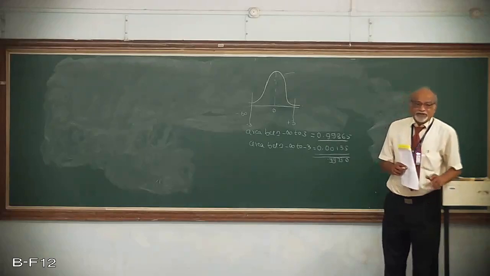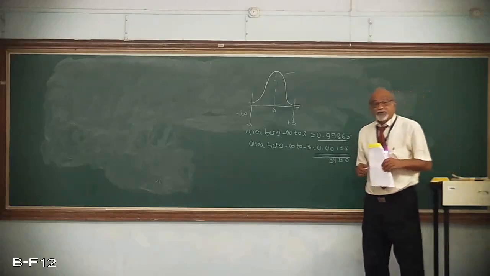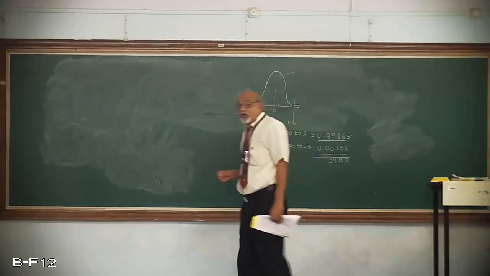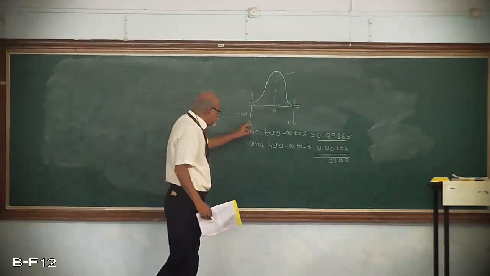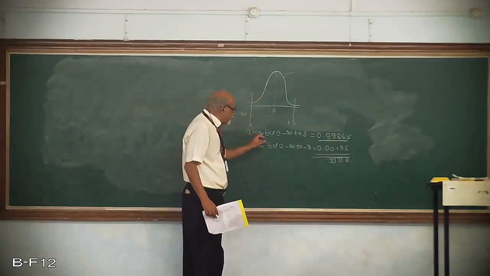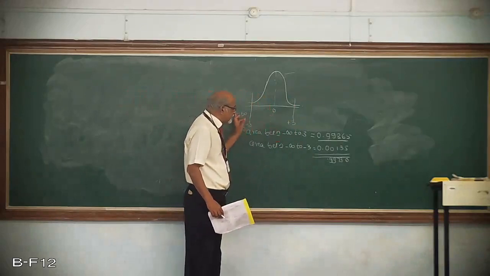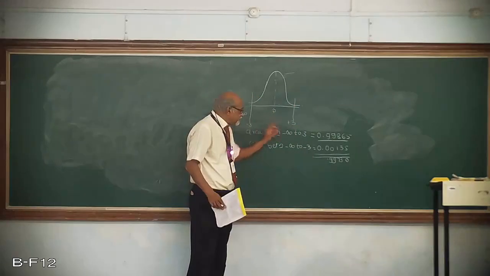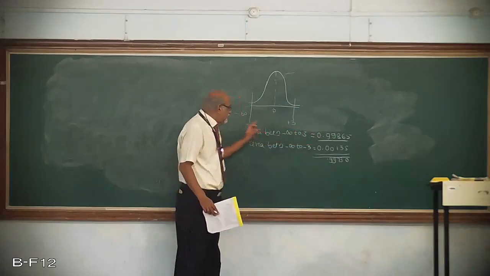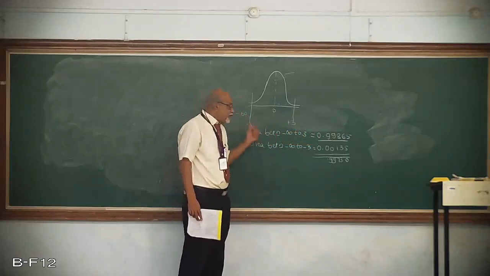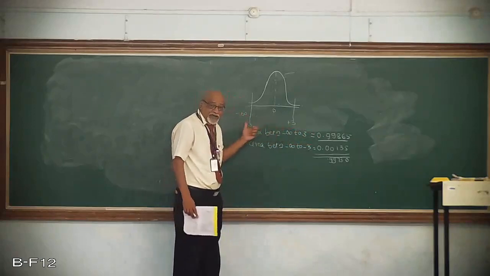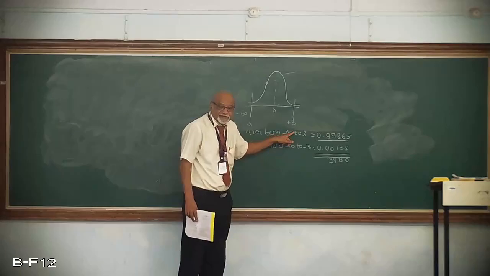The probabilities under any continuous curve have to be between two ordinates. That is why I have taken two ordinates: one from minus infinity to plus 3, another from minus infinity to minus 3, and now I am taking the two ordinates minus 3 to plus 3.